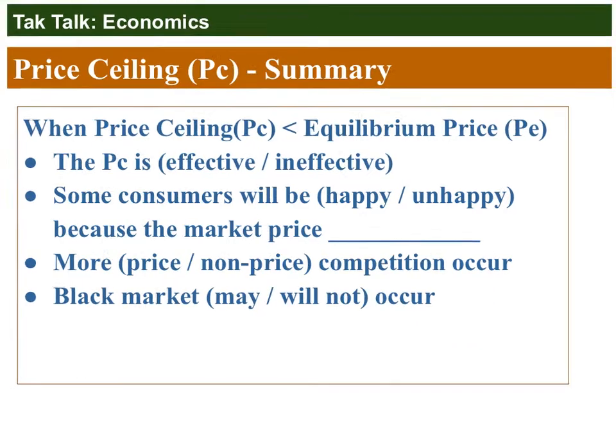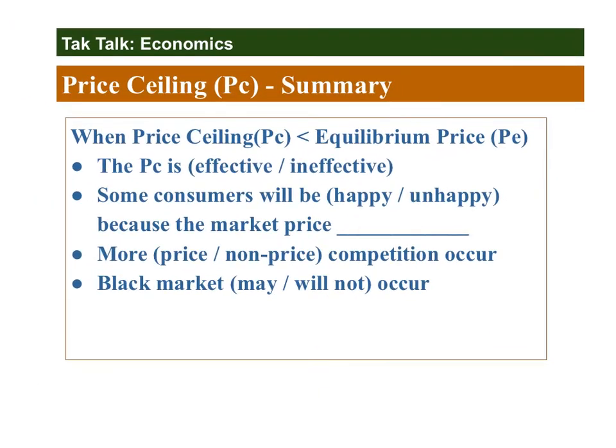Okay, to sum up what we learned here, if we find that the price ceiling is set a bit smaller than the equilibrium price, that means it's lower or below the equilibrium price, it is effective. Okay, and some consumers will be happy, some of them, because the market price decreases. And because there is an excess demand, right?